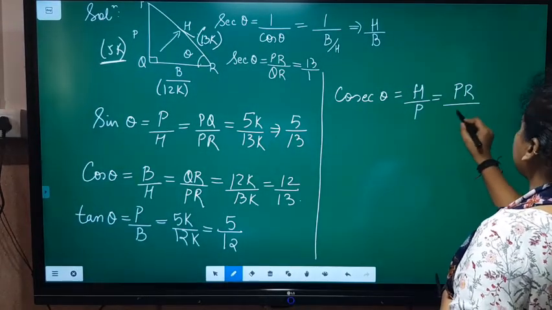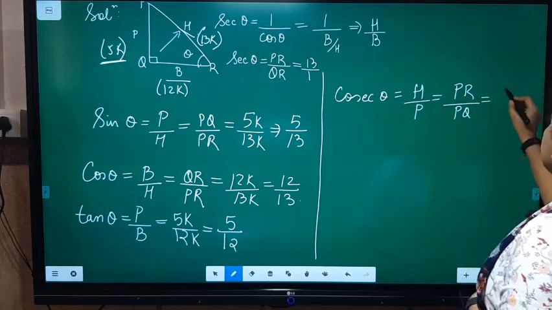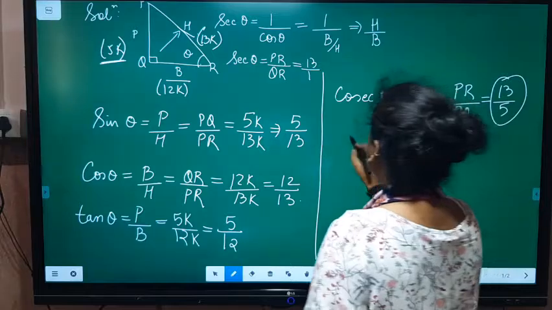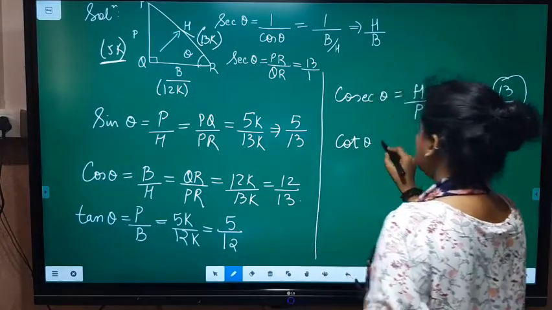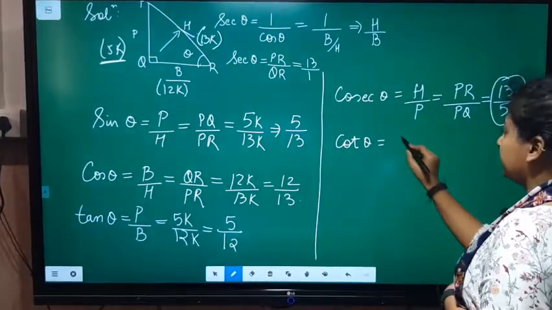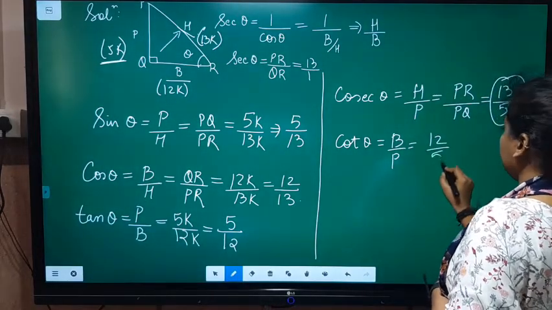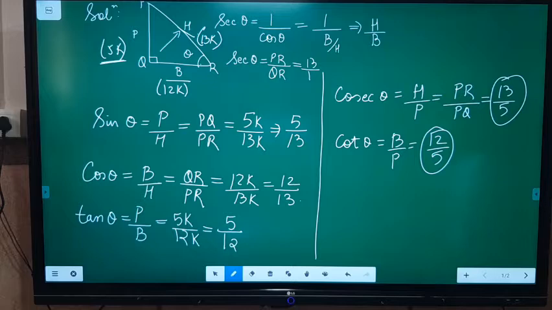That means PR upon PQ. This gives us the value 13 by 5. Next, cot theta. Cot theta is the reciprocal of tan theta. So here we can write base upon perpendicular equals 12 by 5. So these are the remaining trigonometric ratios.